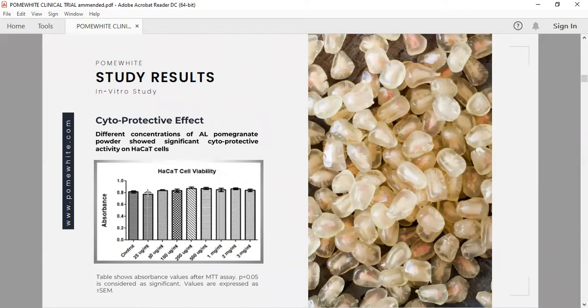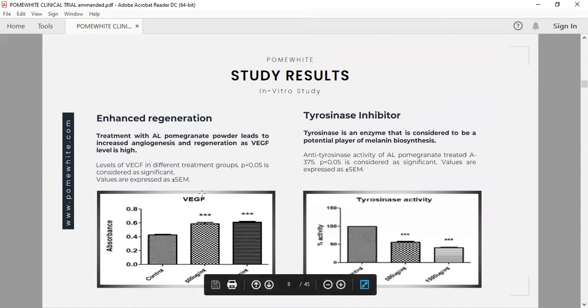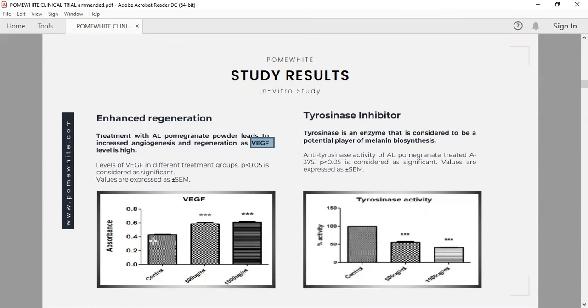But obviously this is non-cytotoxic, so nothing is required, we can move it further as such. Then the most important thing is that it can enhance regeneration. We have checked the regeneration with the help of VEGF level at 500 microgram concentration, and at 1000 microgram, which is 1 mg per ml concentration. At both concentrations, we can see that compared to the control, the regeneration ability is high among the AL pomegranate treated keratinocytes.